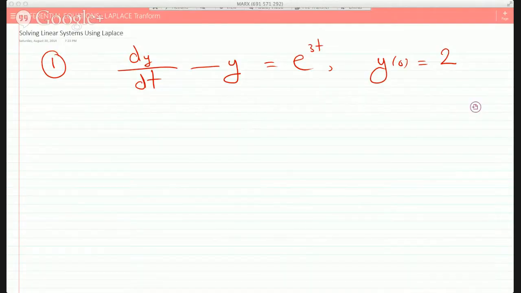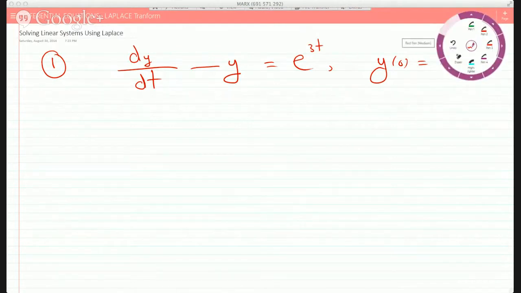Okay, so let me refresh you if you're saying you forgot how to use Laplace to solve this. You'd have to first take the Laplace of both sides. No, we don't want to use the definitions here, too long.